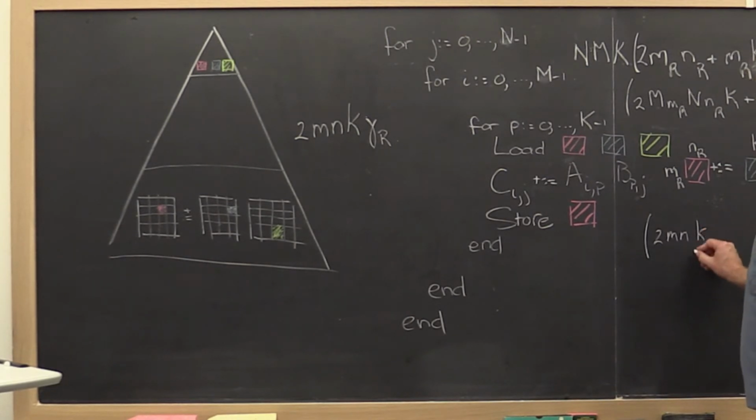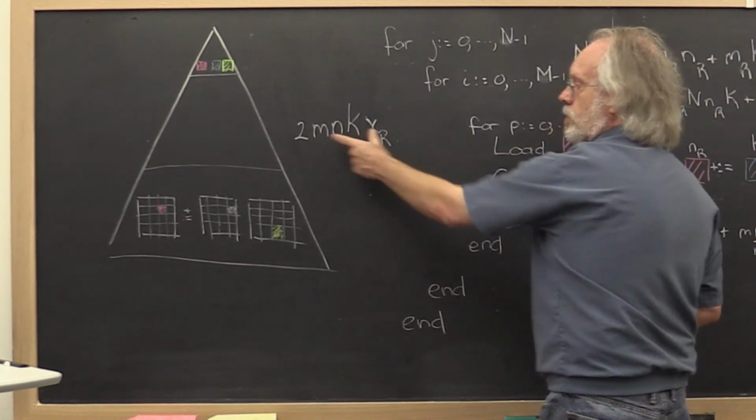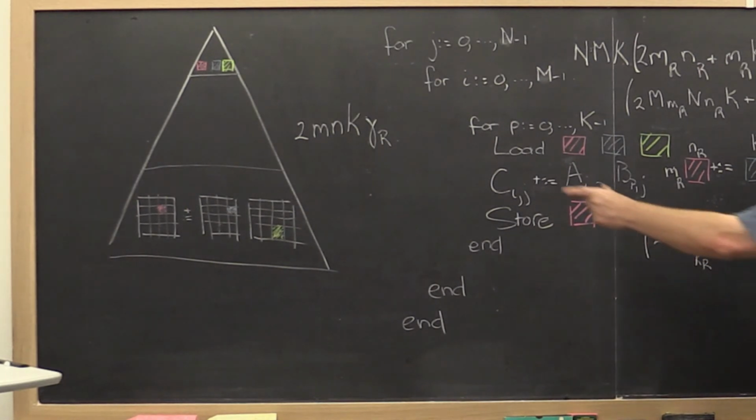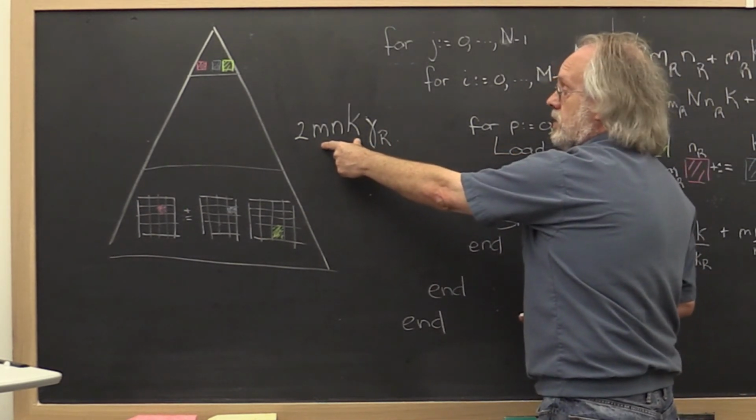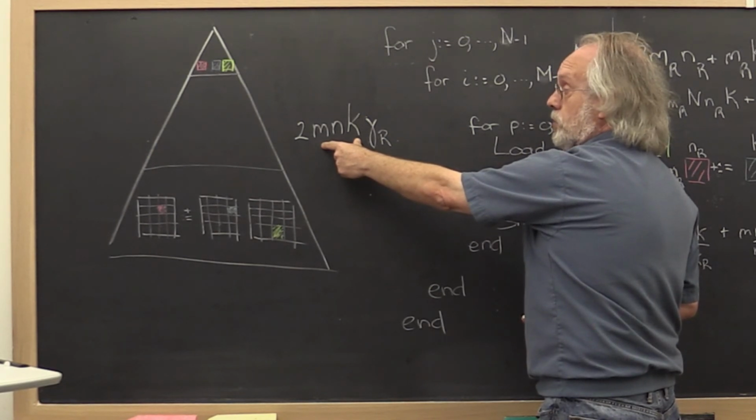k divided by kr. This is little k, little kr, plus m times n times k divided by nr, plus m times n times k divided by mr, times beta R M. And writing it this way is convenient because it'll make it easier for us to compare how much time we're spending in moving data around relative to the time we spent actually computing.